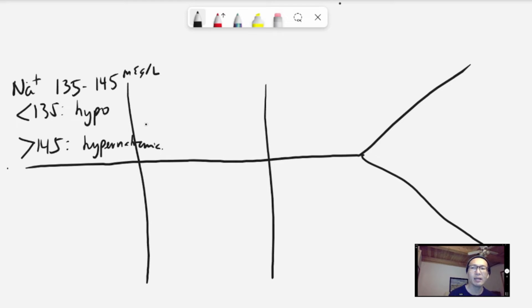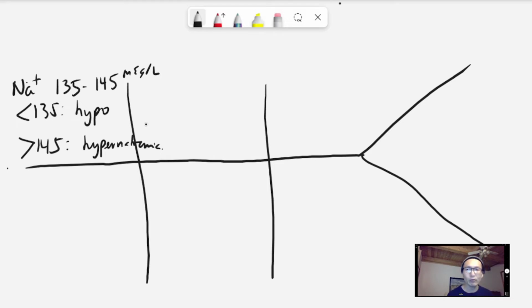I think that we have to be careful with patients who have hypo or hypernatremia, but at the same time, you just don't want to send patients to the hospital. If the patients are symptomatic, you can work it up at the outpatient.